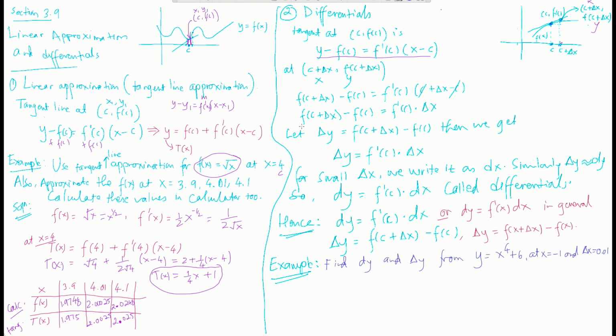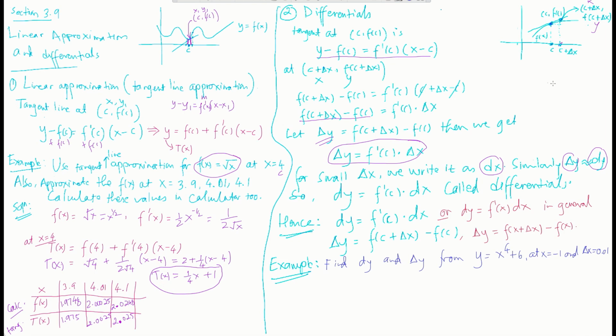Now you denote that quantity on the left by delta y. Then you can write that delta y equals f prime of c times delta x. If delta x is small enough, meaning if that point is close to c, then delta x is very small. In that case, we denote delta x by dx, and similarly delta y by dy.